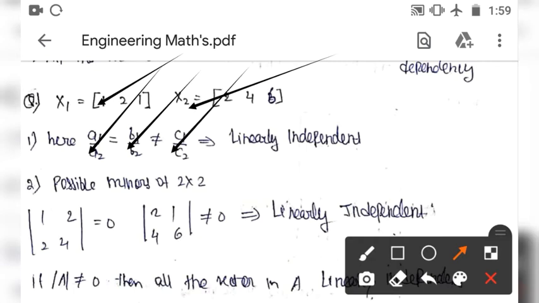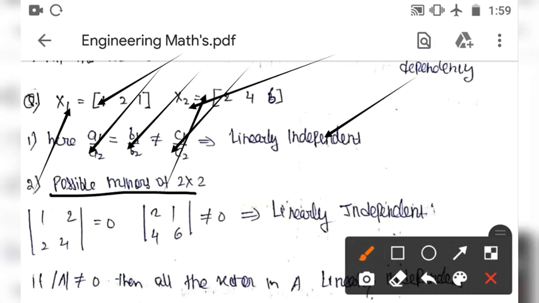But when you do that for these particular vectors x1 and x2, we get a1 by a2 is equal to b1 by b2 is not equal to c1 by c2, which means they are linearly independent. Now apply the second technique, find all the possible 2 by 2 minors as I discussed above.